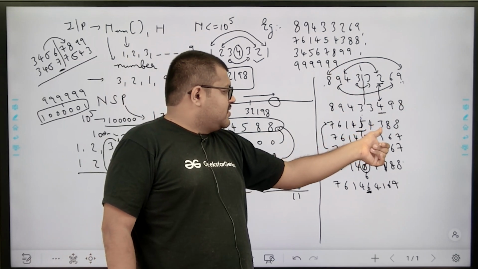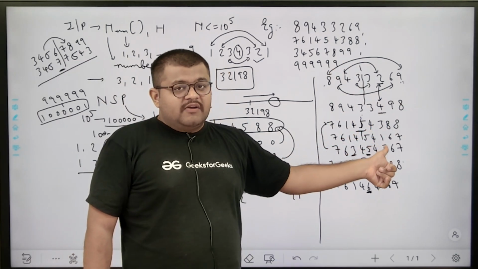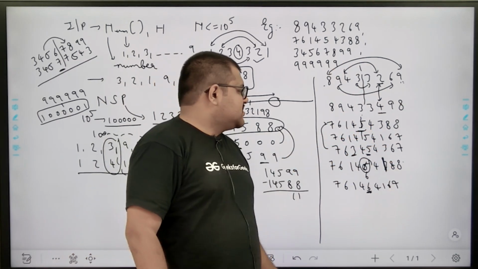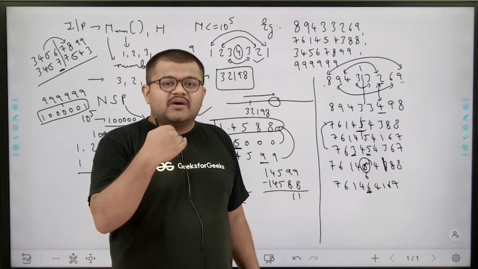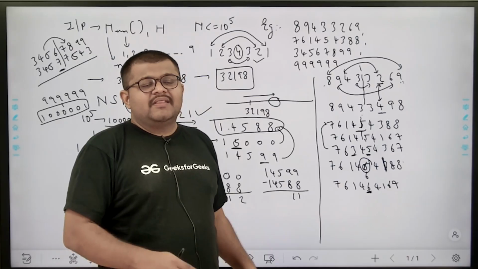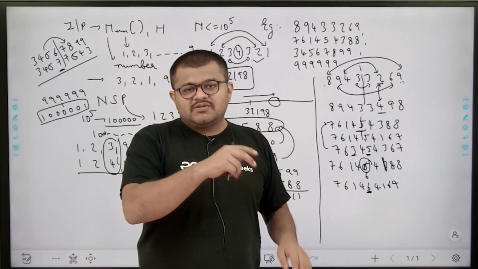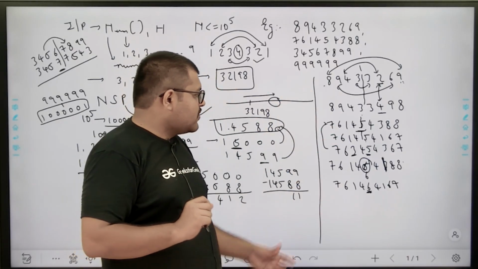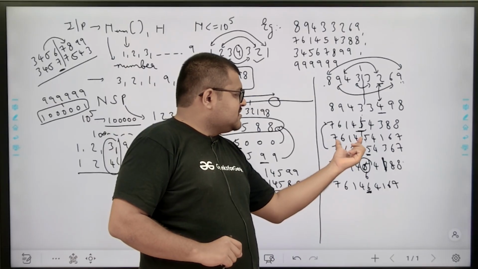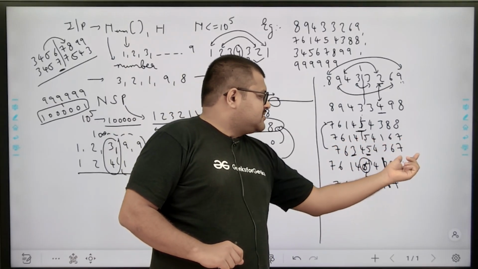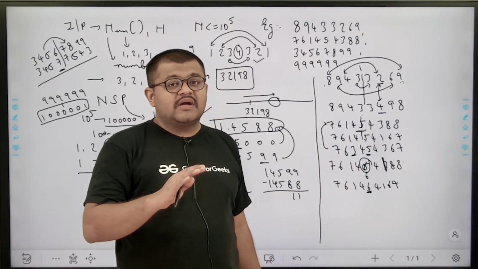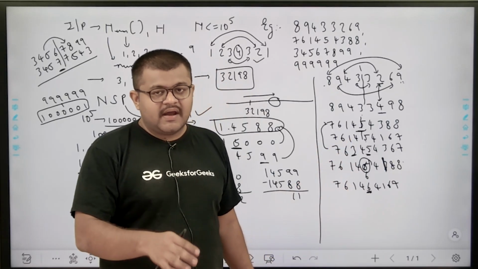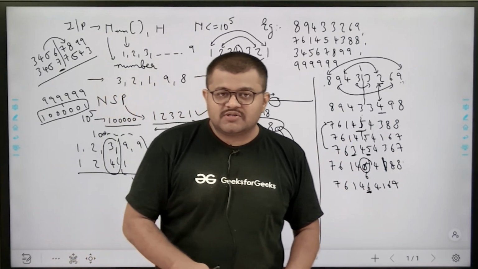So here from 3 I have to make it 1. That will not work because it will not give me a larger number. So I'll increment the centermost element so that it becomes the next largest element, and then the remaining I'll just copy paste so that it becomes a palindrome. Okay, I'll keep the left hand side as it is, and on the right hand side I'll copy paste the left hand side, right? I'll not make changes on the left hand side because that will not give me the next smallest, right? We need the next smallest possible element.